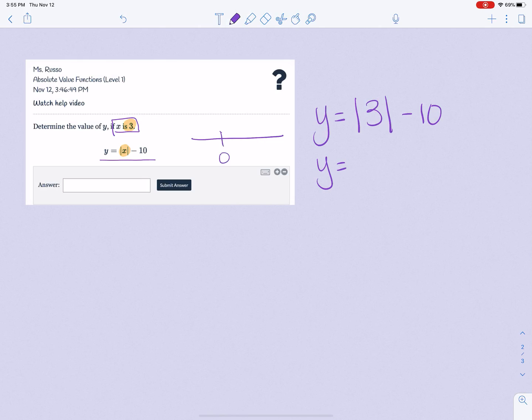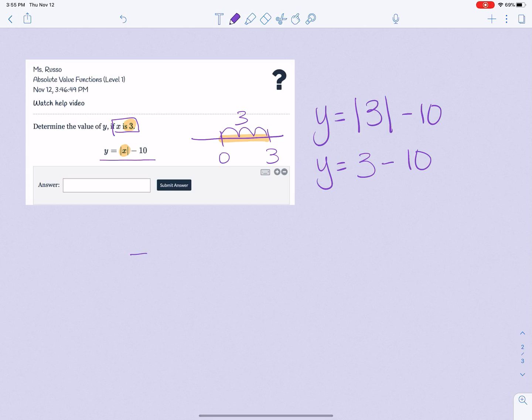Here is 0 and here is 3. And we're looking for the distance between 0 and 3, and it would take us 1, 2, 3 jumps. So our absolute value of +3 is +3. Now we're going to subtract 10. So if I have 3 and I try to give away 10, I don't have enough to give, so I'm still going to have a negative answer.